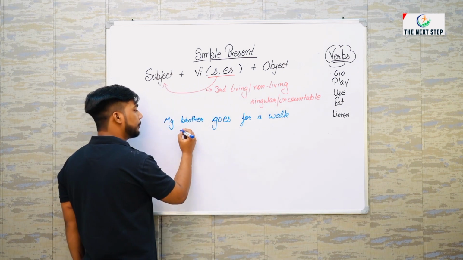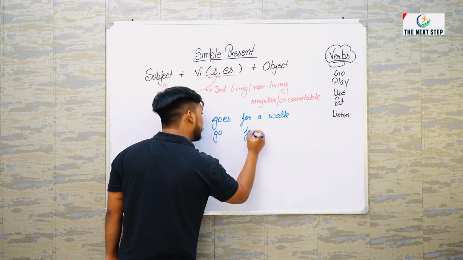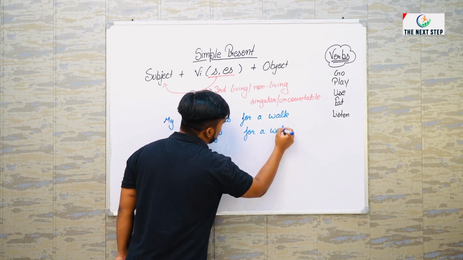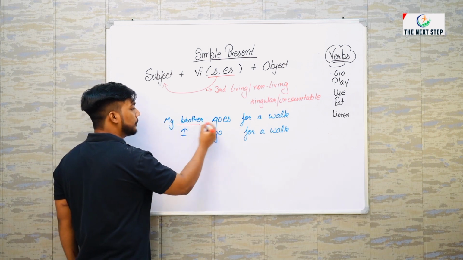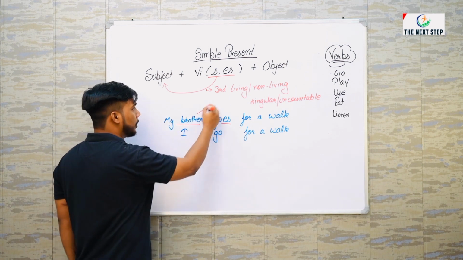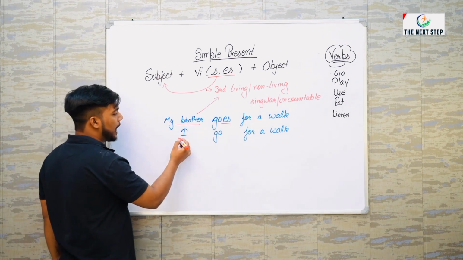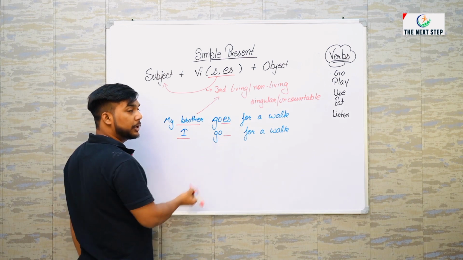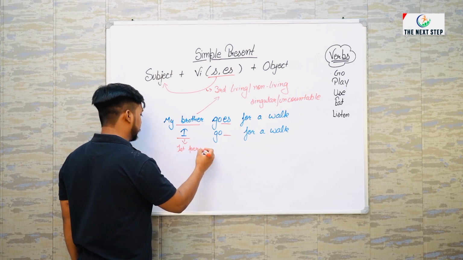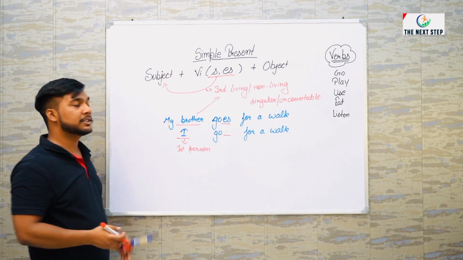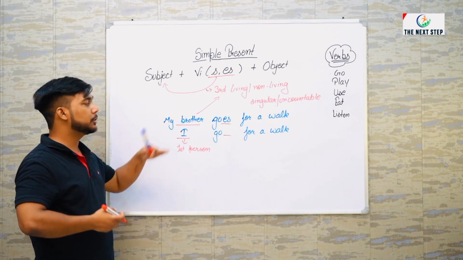And if I say I go for a walk, you can see here I'm using ES because I'm talking about third person singular, but here I'm not using S or ES because I'm talking about first person. So only when your subject is about third, living or non-living, singular or uncountable, you have to use S or ES.